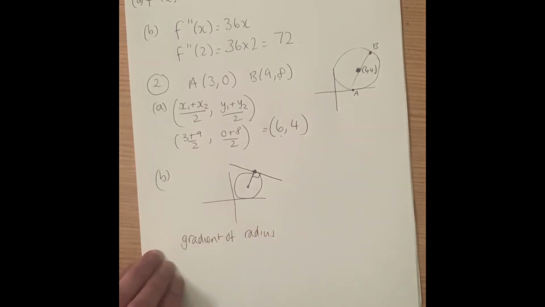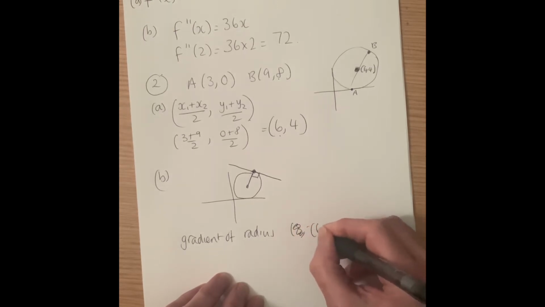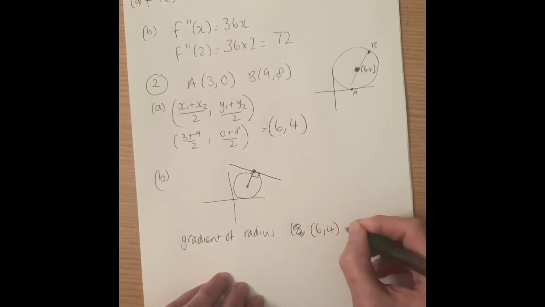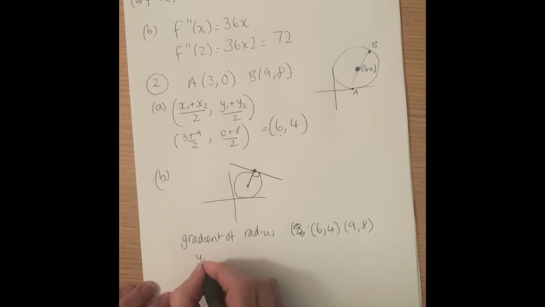And you're using your centre 6, 4 and 9, 8. But you don't have to. You could have used A and B because the gradient of the radius is the same as the gradient of the diameter.